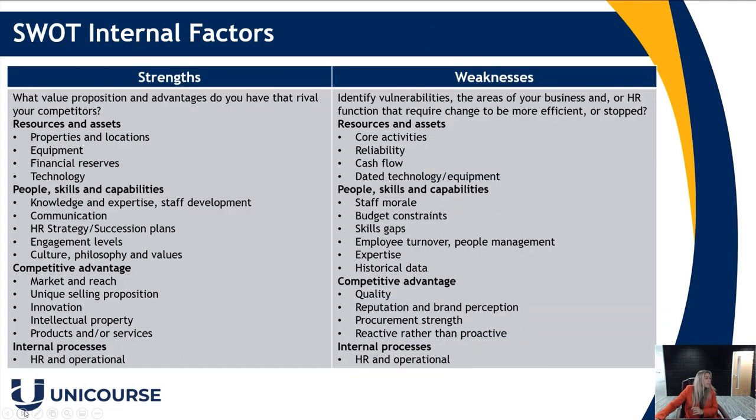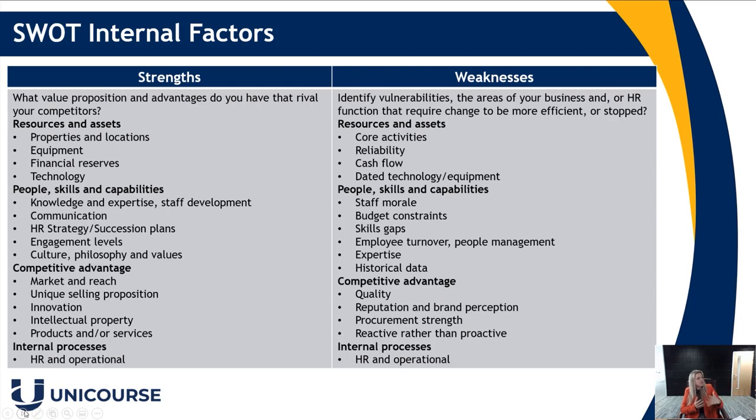Okay, so I have gone into a lot of detail here, and it is quite wordy, this frame, but I just want to point out how in depth you can actually go with this. Now, think about strengths: they are positive, tangible and intangible attributes, internal and within the organisation's control.